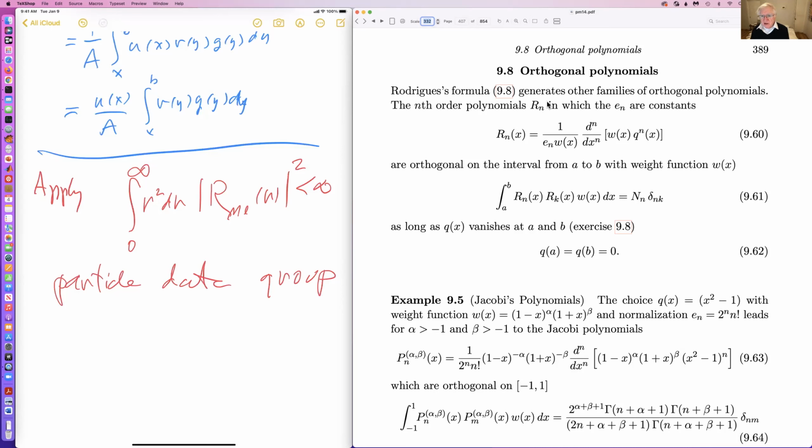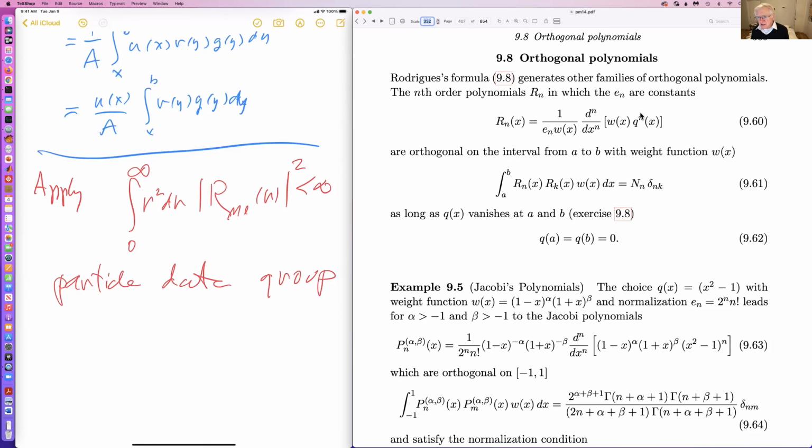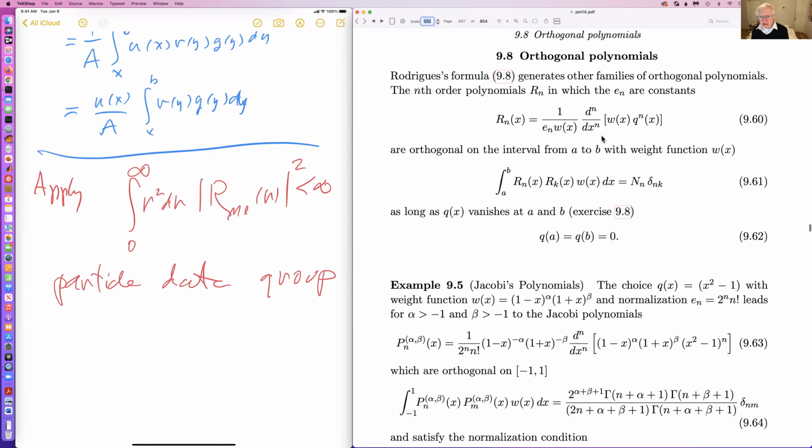For the nth order polynomials, you have normalization constants. You pick a particular weight function W of x and a particular function Q of x. You raise Q to the nth power, differentiate n times, and then you automatically get that they're orthogonal or orthonormal on the interval as long as Q vanishes at the endpoints of the interval.